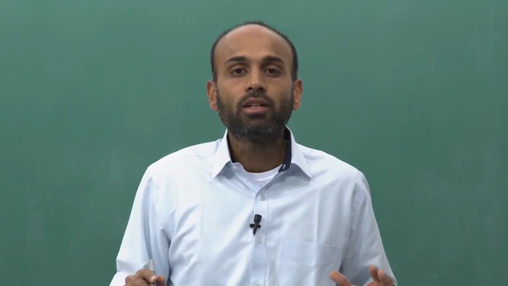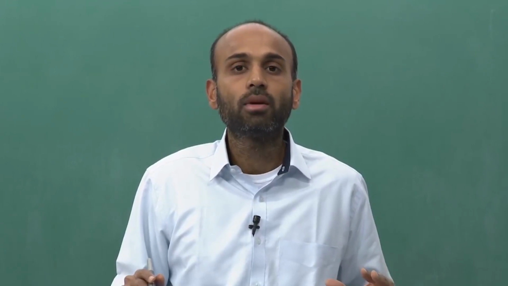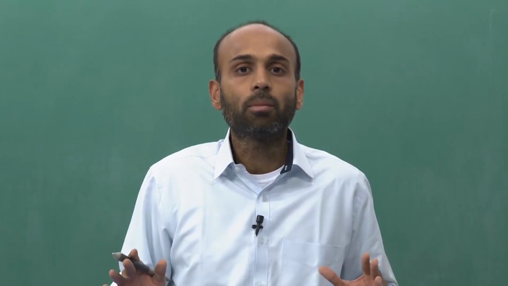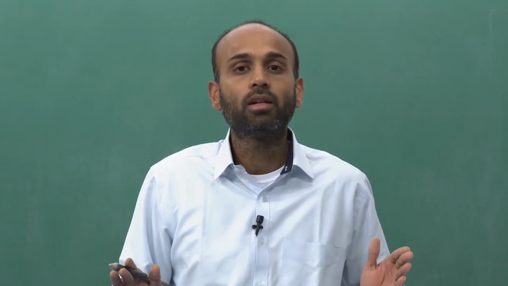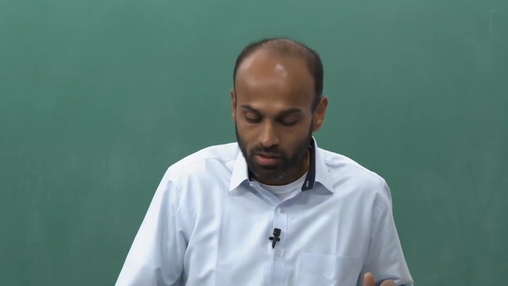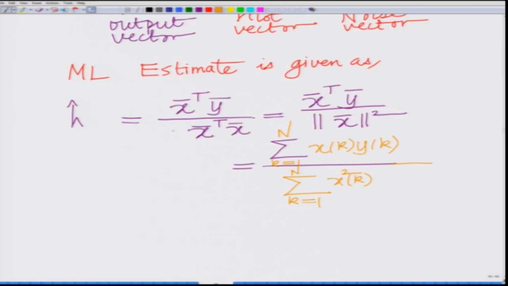Now, we are going to make a simple change in the notation. Instead of calling this the estimate h hat, we will be calling this the estimate h hat of n, that is the estimate at time instant capital N based on the pilot symbols x1, x2 up to xn. Alright. So, in the paradigm of sequential estimation, because we are computing not one estimate, but updating the estimate at every time instant, the estimate is also now characterized by time instant.